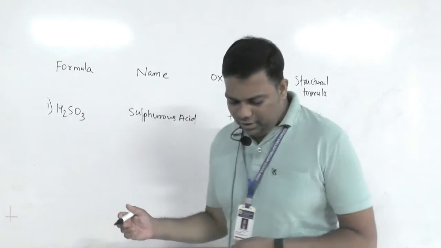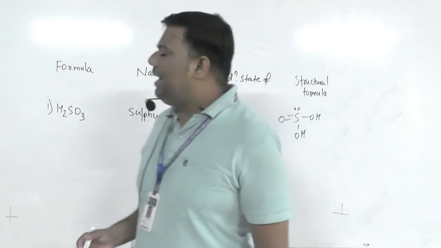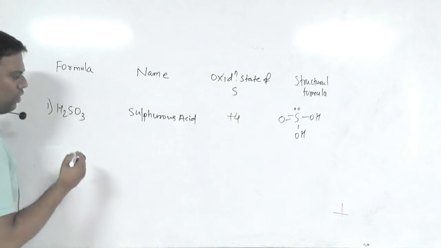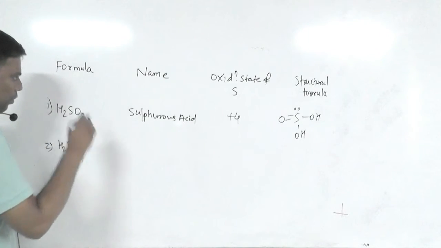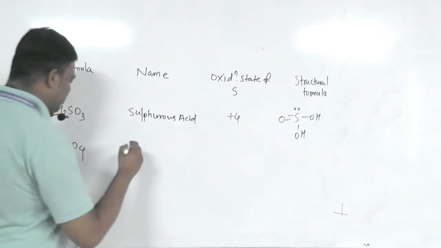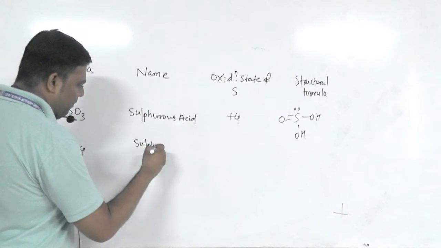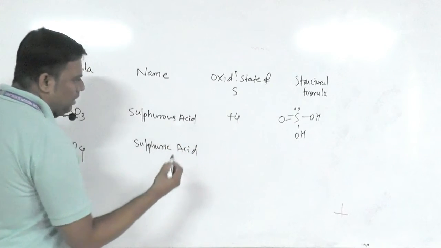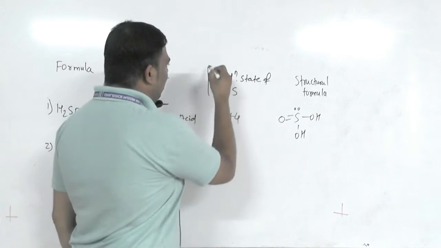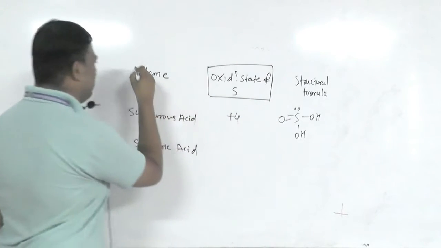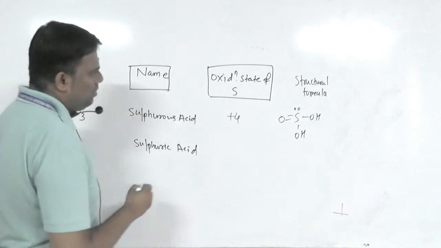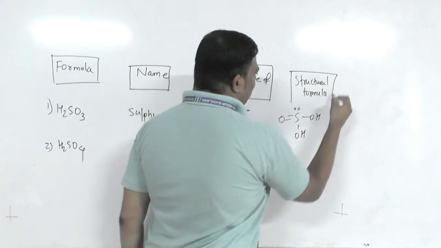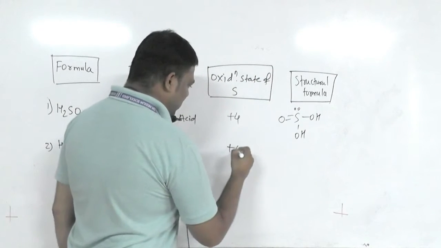Now we will discuss the next one, that is H2SO4. The second one, H2SO4, which we call sulfuric acid, and as you know the oxidation state of sulfur in this compound is +6.